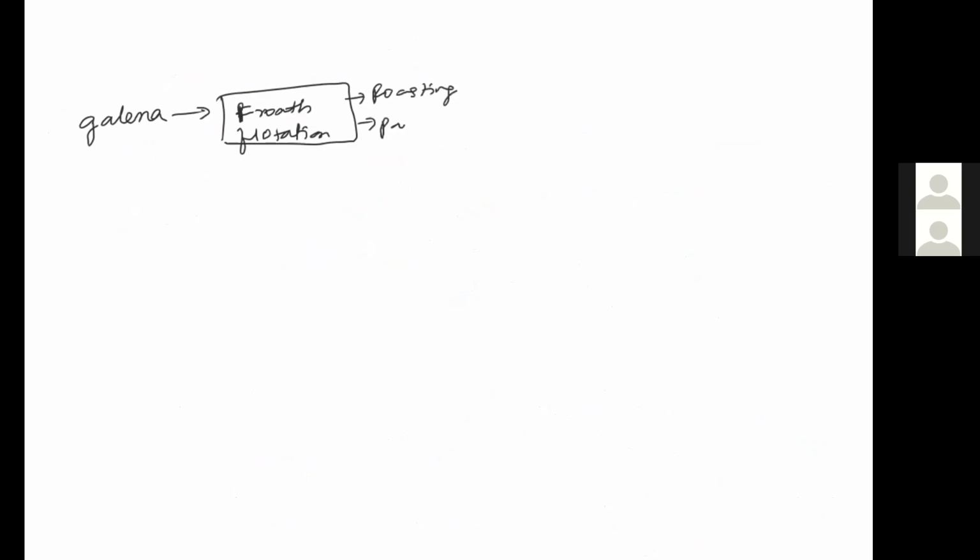So the chart will be like this: you have galena. Because it's a sulfide ore, you have froth flotation. Then roasting, partial roasting, and smelting plus carbon reduction. In this case, self-reduction.